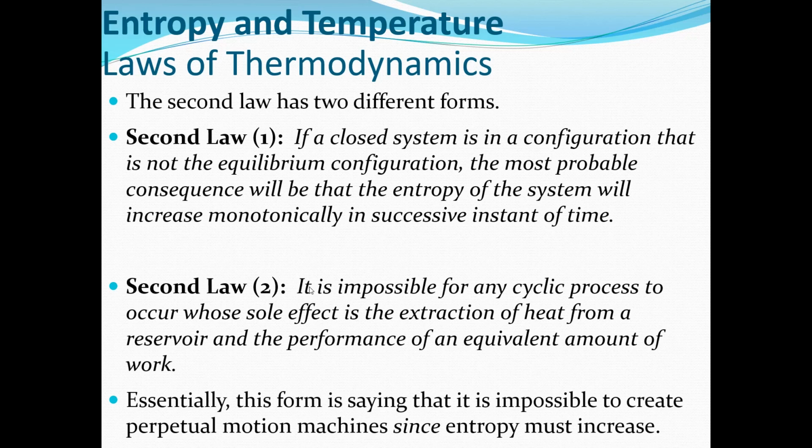What this is really referring to is that if the system is not in that most probable case, remember we mentioned that when two systems are in thermal contact, they're going to go towards thermal equilibrium, to the most probable configuration of the accessible states. So this is just saying that it's going to go towards that most probable configuration, and that as it goes there, the entropy of the system will always increase.